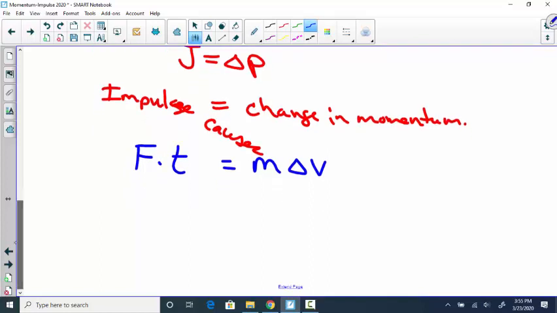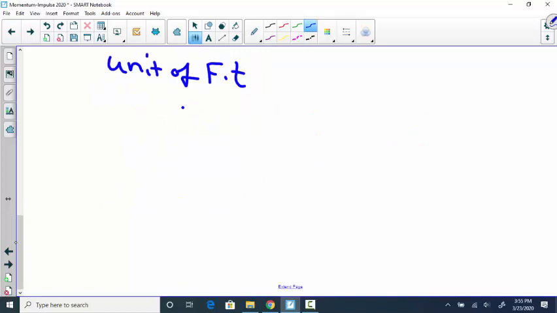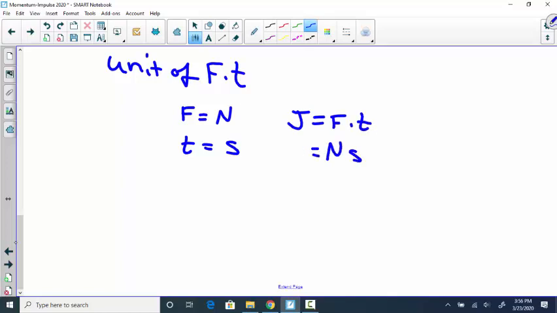Before we move too far away, I do want to talk about the units of impulse. Okay, so if we look at the units of this, force is in newtons and time will be in seconds. So since this is force times time, this is going to be a Newton second. And one thing about a Newton second is that it has to be equal to the units of change in momentum.